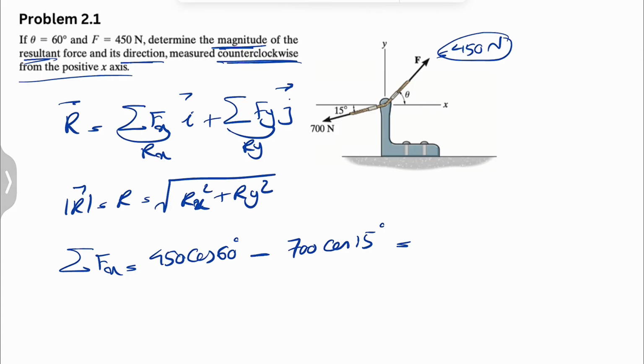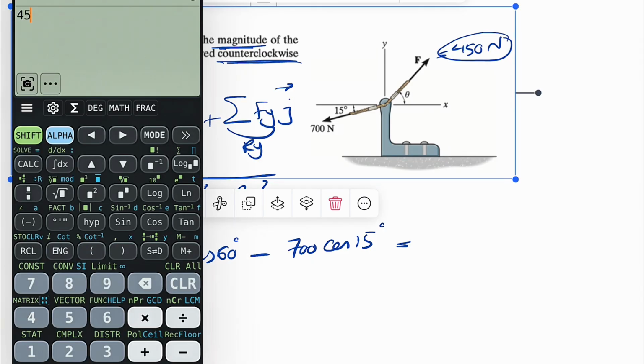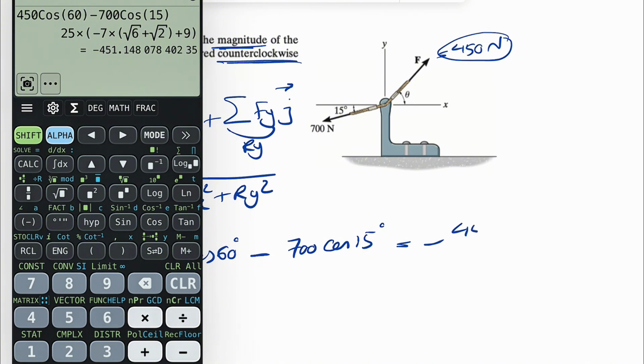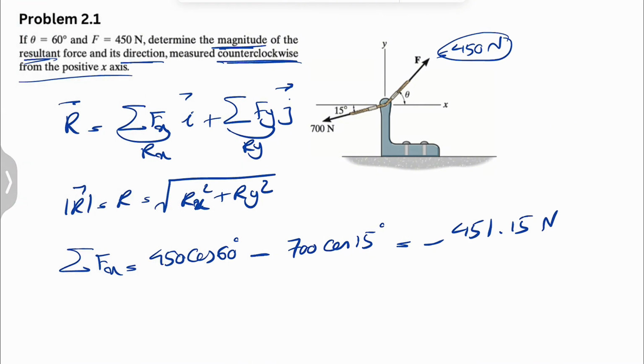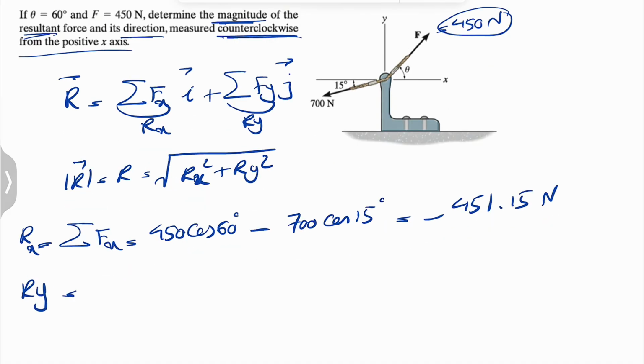So basically 450 cosine of 60 degrees minus 700 cosine of 15 degrees. That's going to be negative 451.15 newtons.